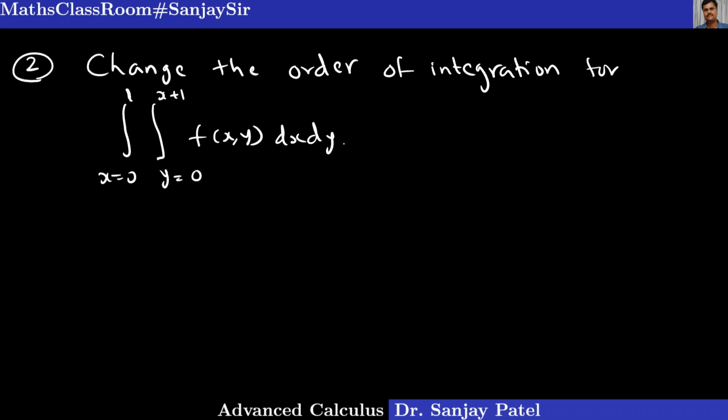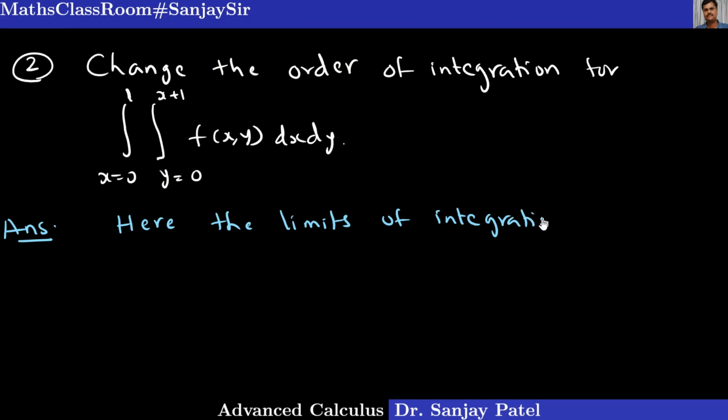So here the limits of integration we can write directly like this: x equal to 0, x equal to 1, these are the limits of x, and the limits of y are functions of x, that is y is equal to 0 and y is equal to x plus 1.